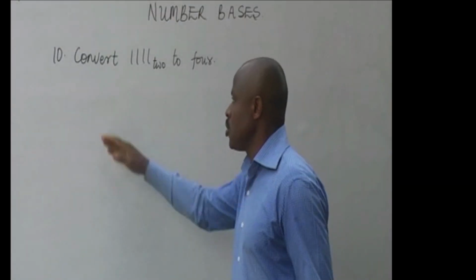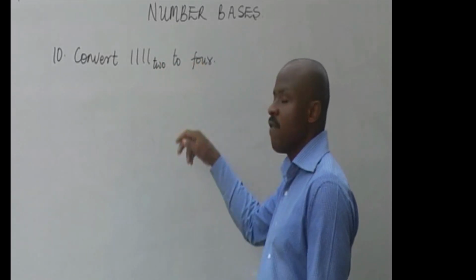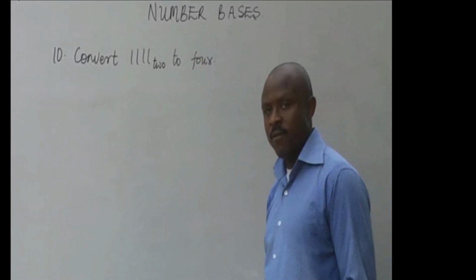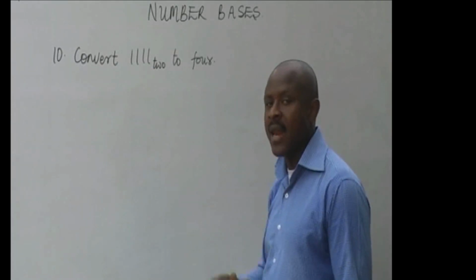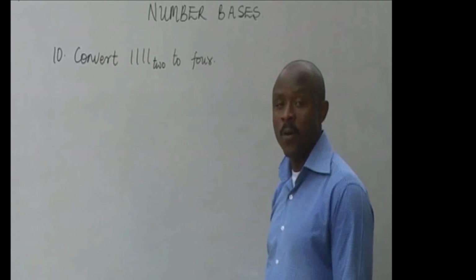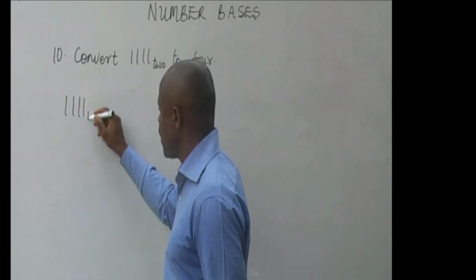Question number 10 says we should convert 1111 base 2 to base 4. First of all, convert this to base 10 and then reconvert it to base 4. So we have 1111 base 2.